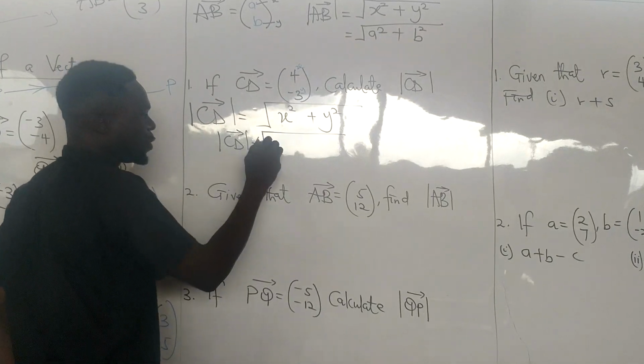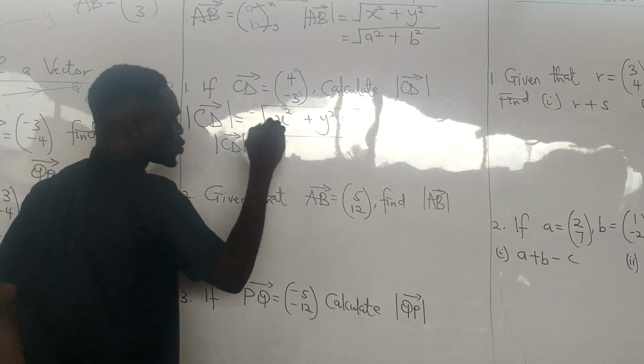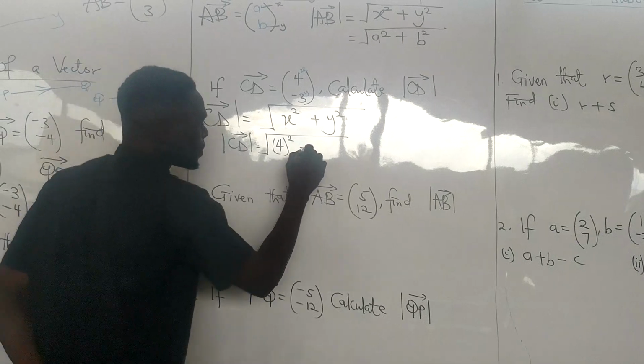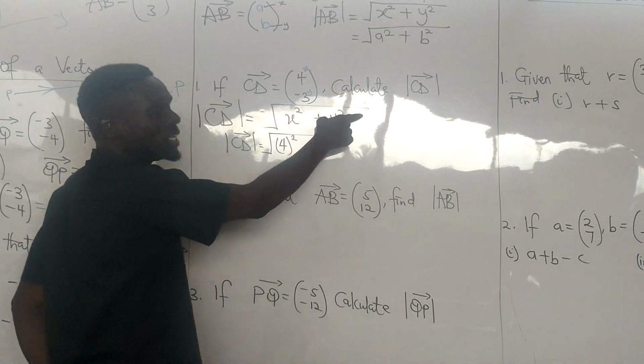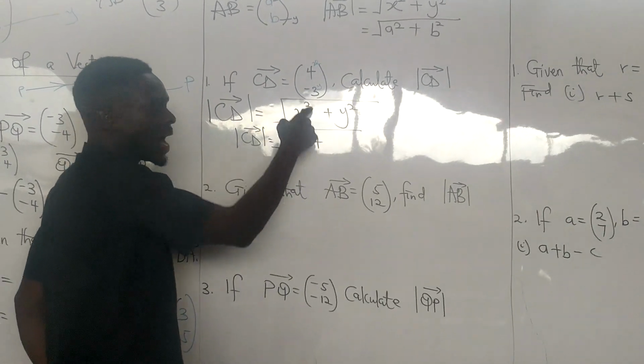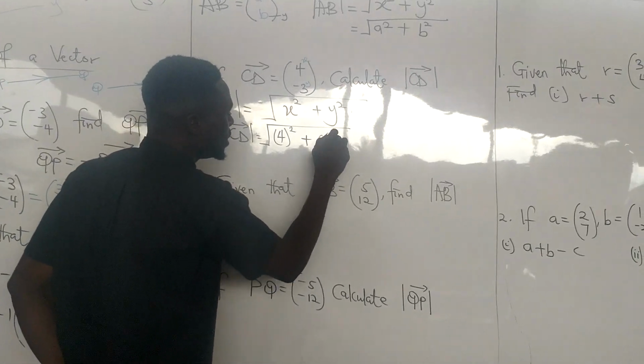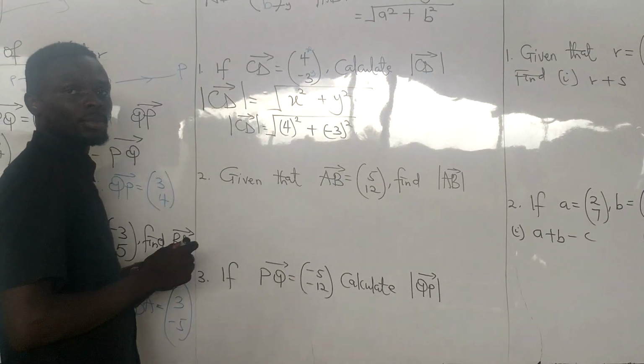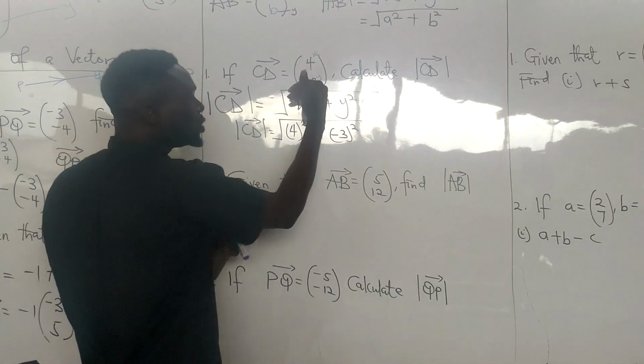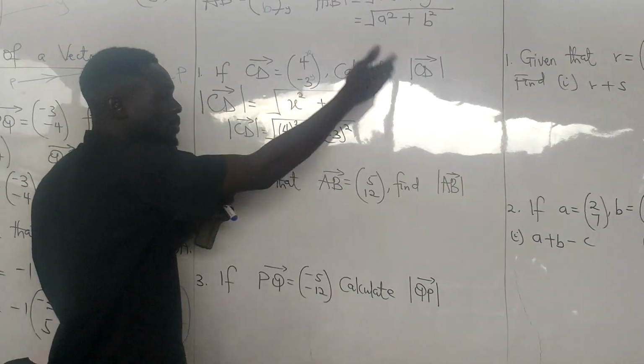What is x? 4. So 4 in brackets squared, plus y squared. What is y? -3 is the y. So -3 squared. If you are able to substitute the x and y components, then you simplify.